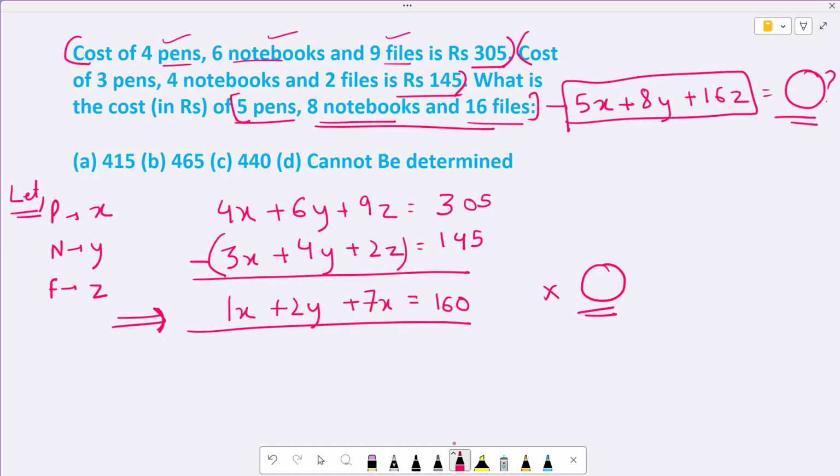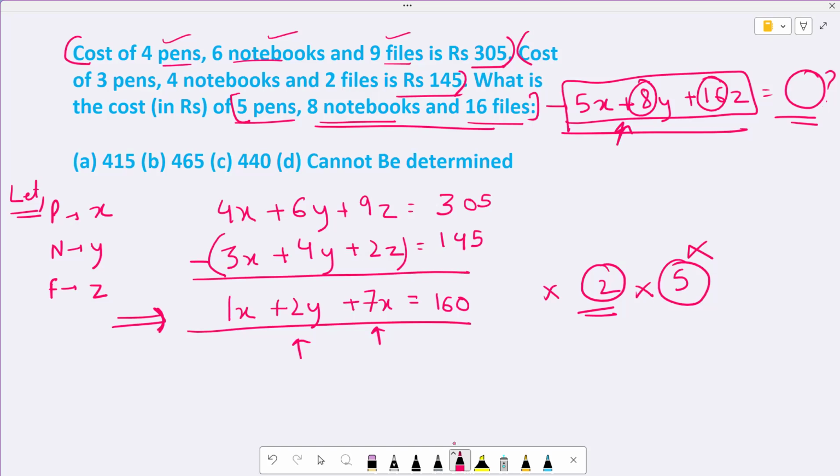Now we need to find a way to get this equation. Obviously, if we multiply this equation by 2, we won't get this. Actually, we must try to multiply by 5, because then we will get 10 here and 35 here. But we need 8 and 16. So this option goes wrong.